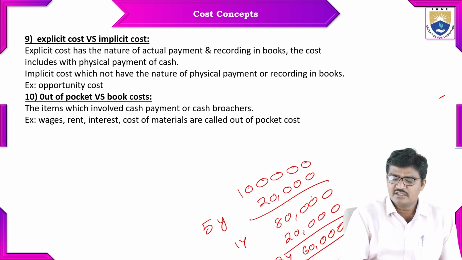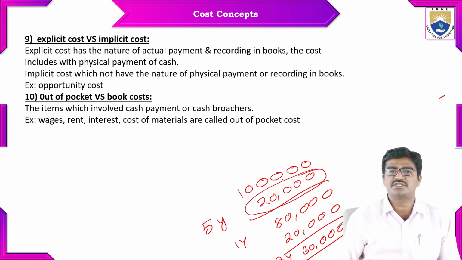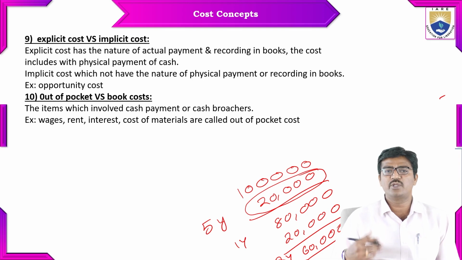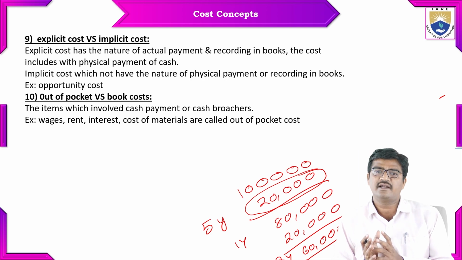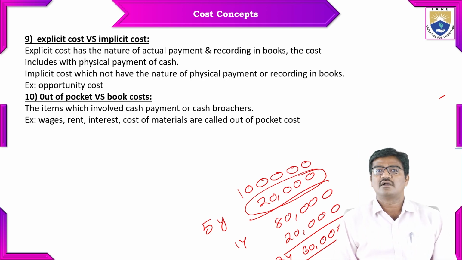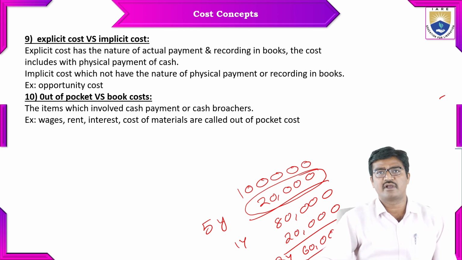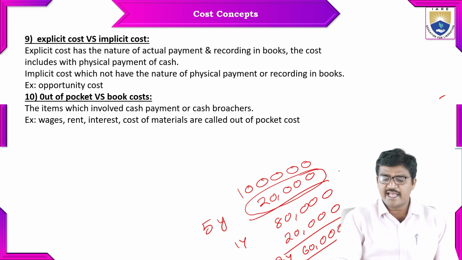So this 20,000 rupees of depreciation per year is recorded in books of accounts, but this amount is not physically paid to any other person. The value of the asset decreases because of wear and tear. That is called depreciation. So depreciation does not have the feature of physical payment, but has only the feature of entry in books of accounts. That's why it is called book cost.